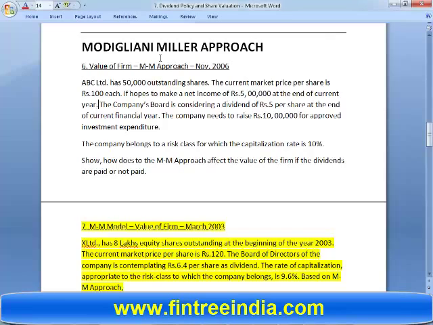The company's board is considering a dividend of rupees 5 per share at the end of the current financial year. The company needs to raise 10 lakh for approved investment expenditure. The company belongs to a risk class for which the capitalization rate is 10%. Show how this approach affects the value of the firm if the dividends are paid or not paid.